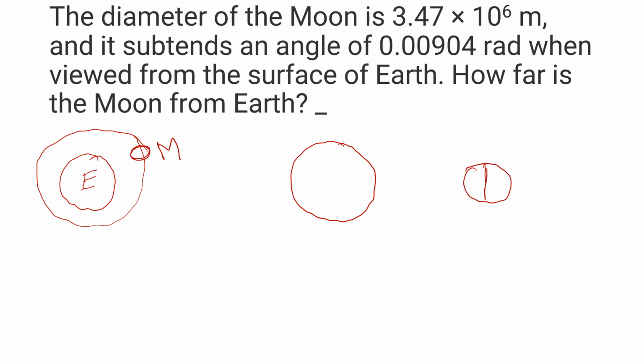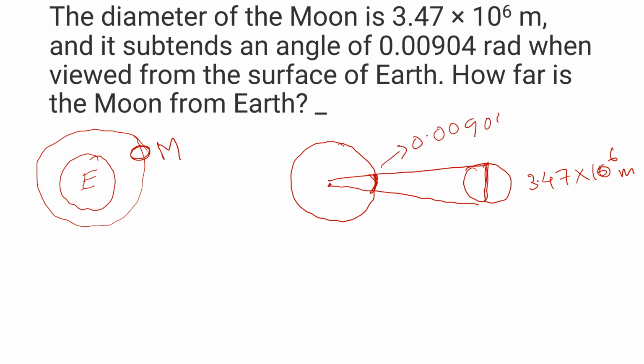The diameter of the moon is given to you, which is 3.47 times 10 to the power 6. And that is subtending an angle at the Earth's center. And this angle is given by 0.00904 radians.